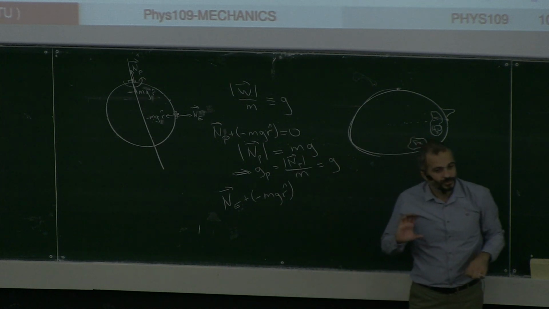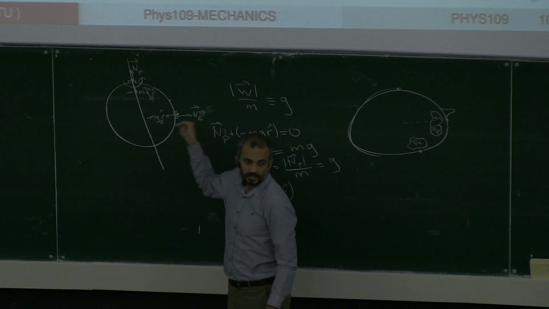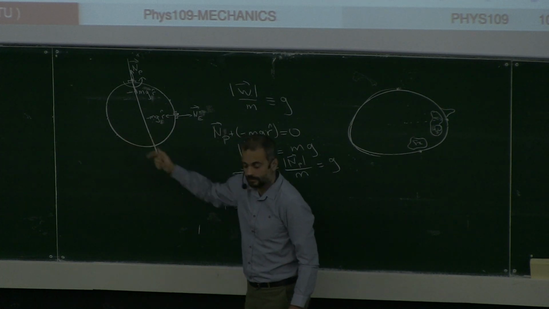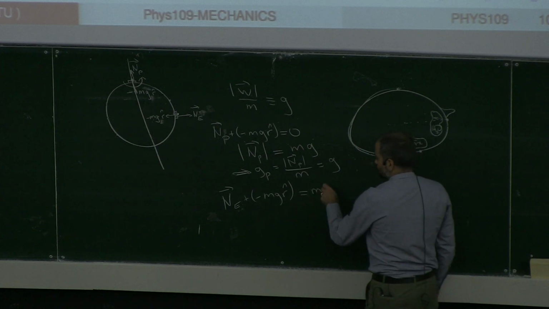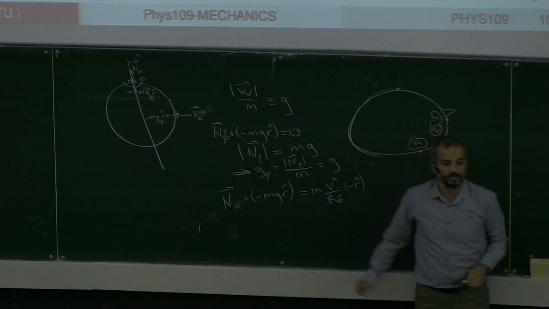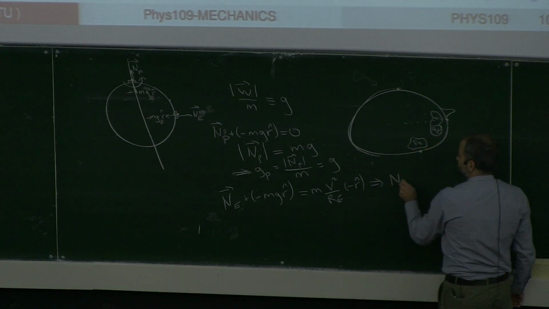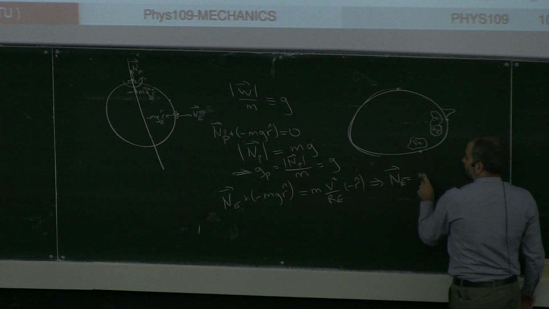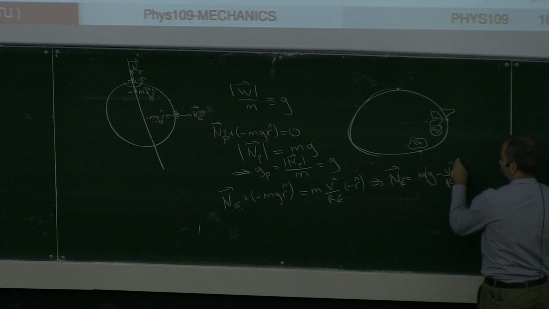But now since Earth is rotating, the mass over here is accelerating with an acceleration pointing towards the center of the Earth. So this should be equal to mass times the acceleration, which we know is v squared over the radius of the Earth in the minus r hat direction. These two should be equal. But this tells me that the normal force should be mg minus mv squared over the radius of the Earth in the r hat direction.